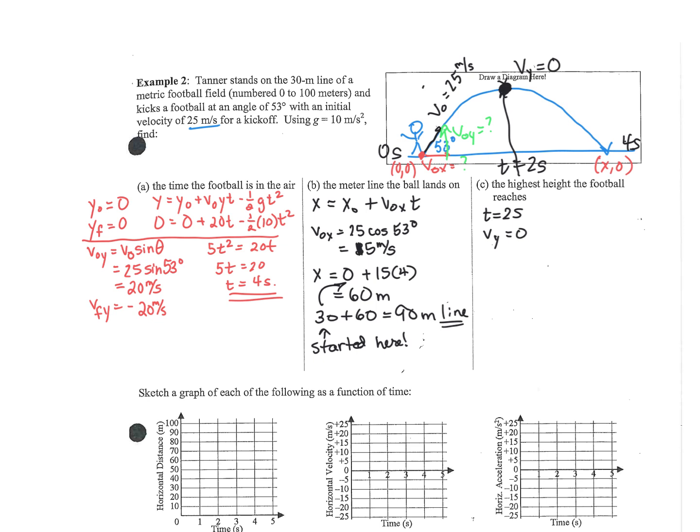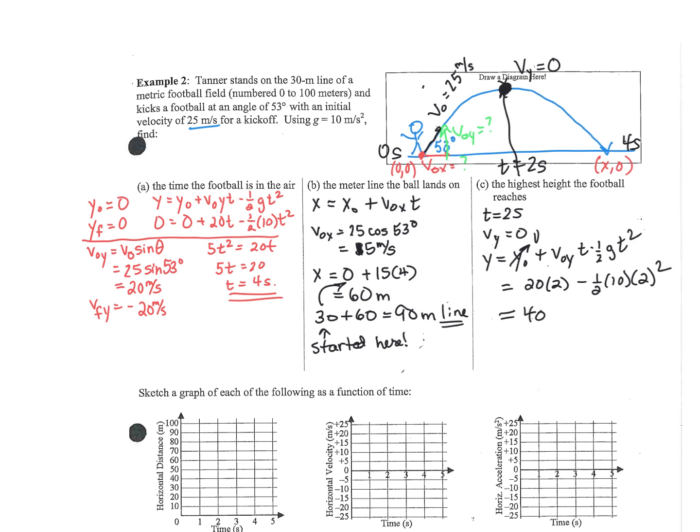Okay, we don't even end up needing that really, because what we know is y equals y initial plus v initial y t minus 1/2 gt squared. Well, y initial is 0. We know v initial in the y direction was 20, so this is 20 times 2 minus 1/2 10 times 2 squared.